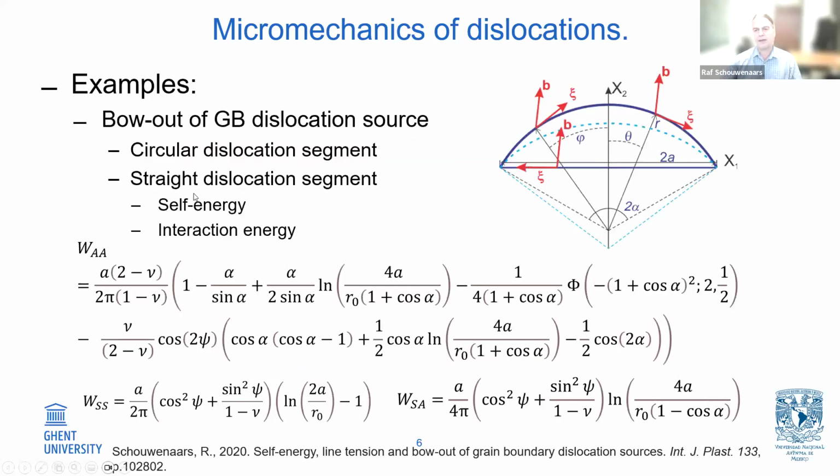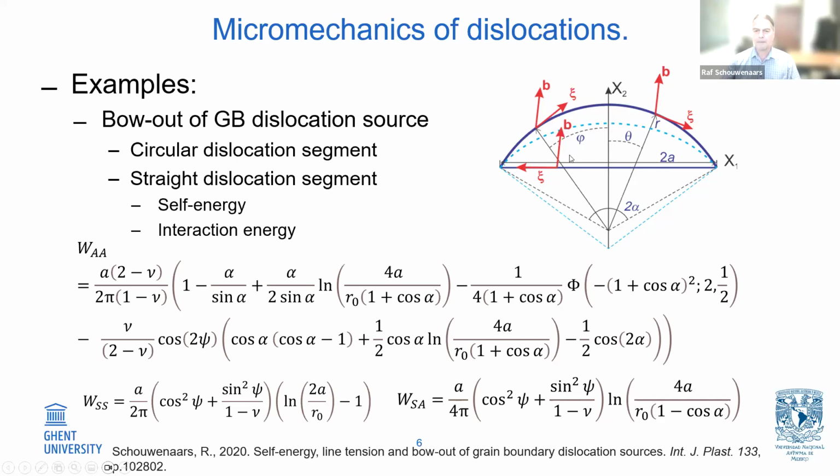And that's shown, for example, by a study on the bow-out of a grain boundary dislocation source. So we've got here a circular dislocation segment which bows out from a grain boundary. But if there was no ledge or no dislocation at the beginning in the grain boundary, then there must remain a dislocation of the opposite side in the grain boundary after the bow-out.